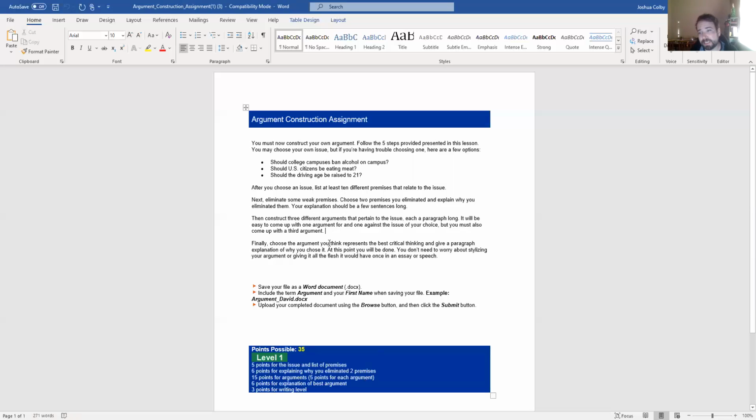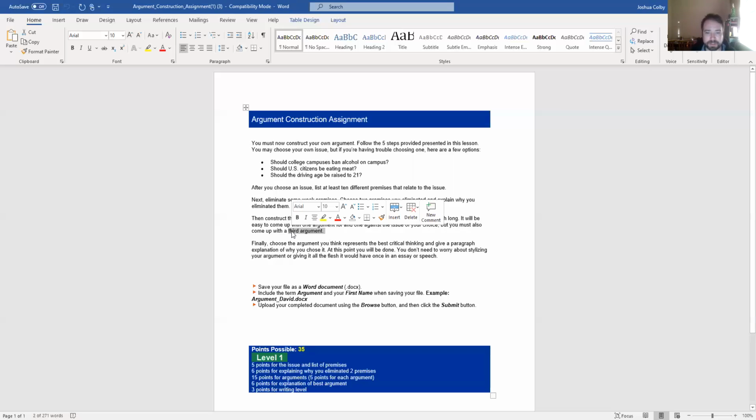Then we get to the main, important step of the entire assignment, and that is to construct 3 different arguments that pertain to the issue, each a paragraph long. So you're going to be writing 3 total paragraphs here in step 4. One argument needs to be for, one argument needs to be against, and then you need to come up with a third argument.